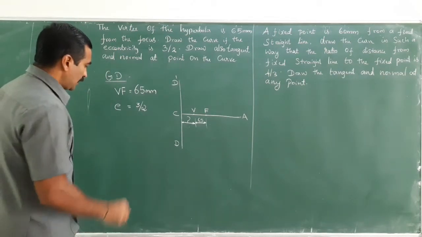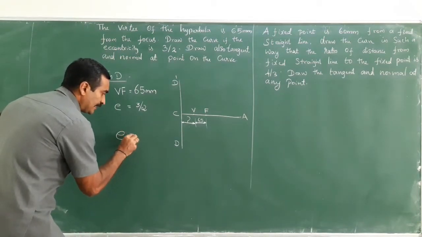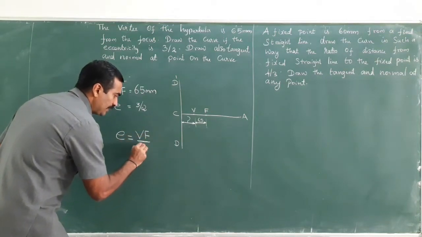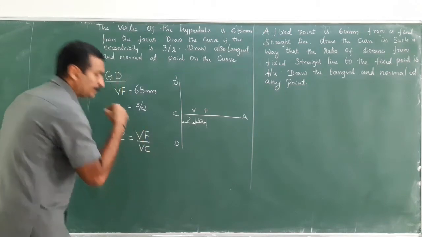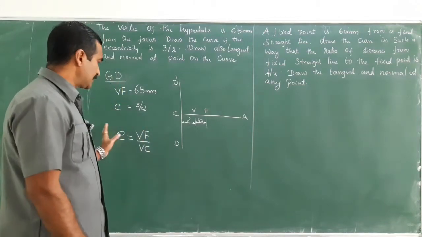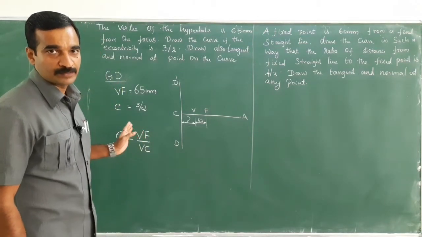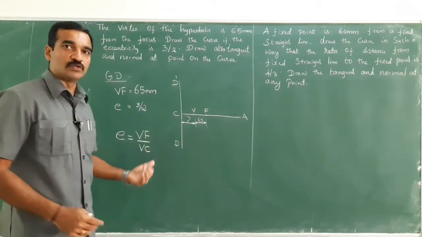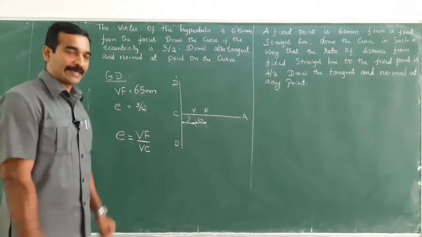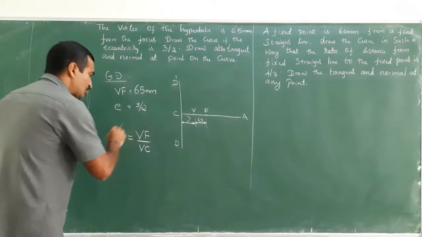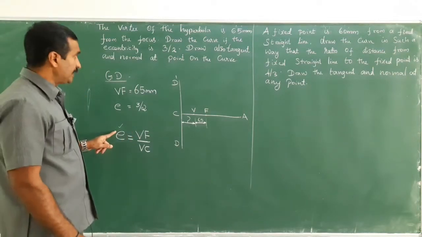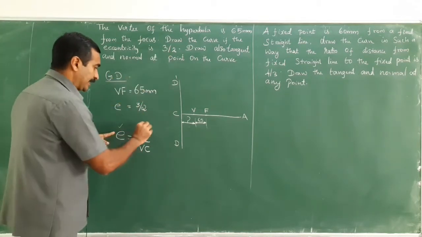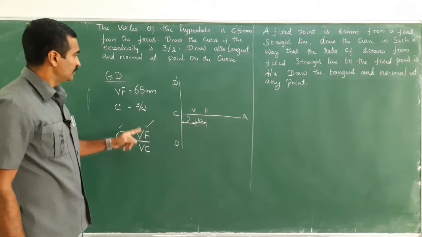So, what is the formula of eccentricity? e is equal to VF by VC. Eccentricity is nothing but the distance of the moving point from the focus to the distance of the moving point from the directrix. From the question, the e value can be taken, and VF is already given.